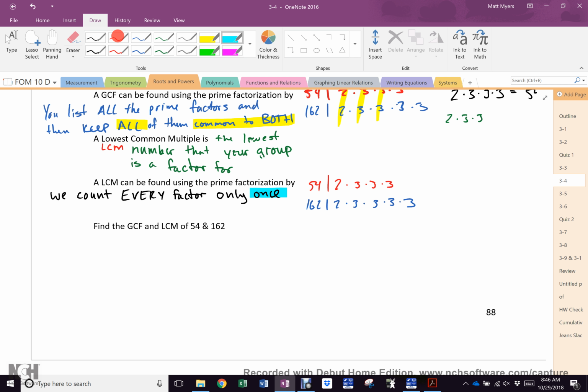And here is what I mean. Is 2 a factor of both of them? Yeah. It's in both, so we only counted how many times? Once. Is 3 in both? So we counted how many times? Once. Is that 3 in both? Yeah. So we counted how many times? Once. Is that 3 in both? So we counted how many times? Once. And then, because I have to count every factor once, do I also count that 3?